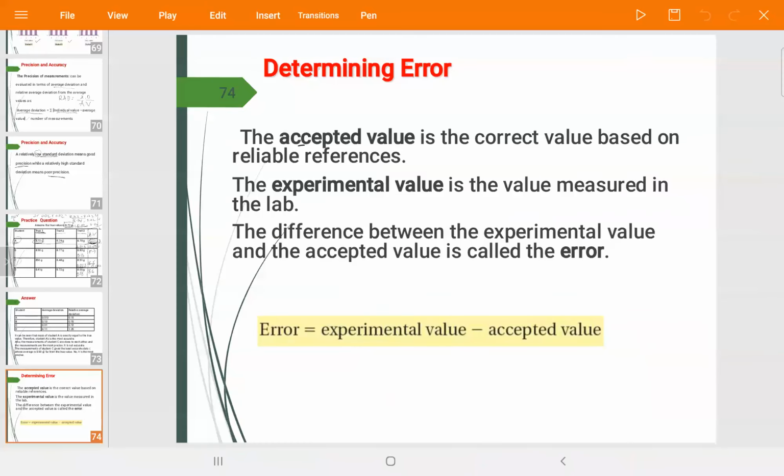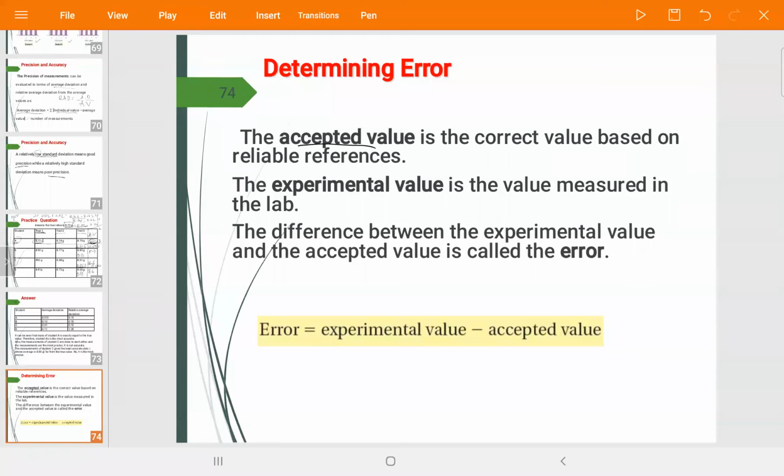Accepted value is the correct value, which is based on reliable references. Experimental value is the value measured in the lab. The difference between experimental value and accepted value refers to an error.